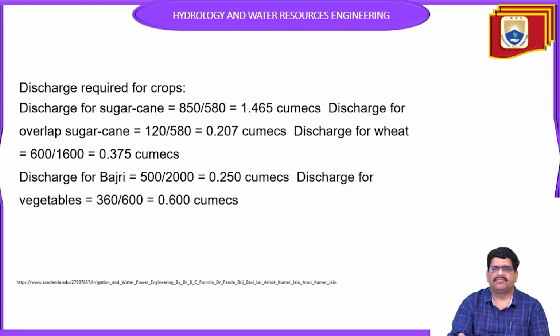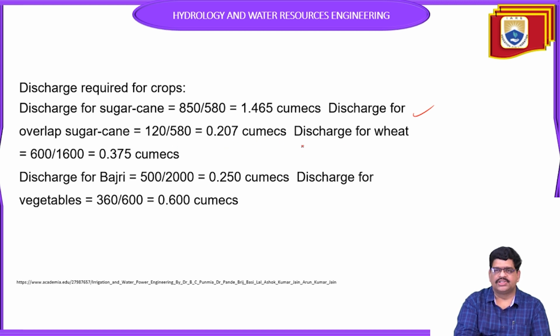Discharge requirement of the crop sugarcane is 850 divided by 580, that is equal to 1.465 cumec. Discharge for the overlapping sugarcane is 120 by 5, that is equal to 0.77.